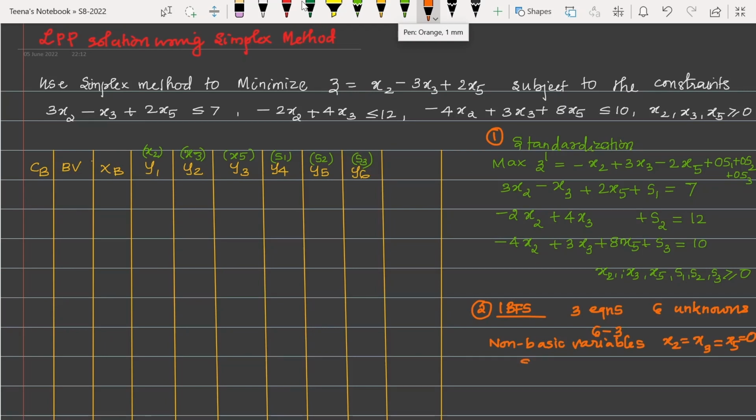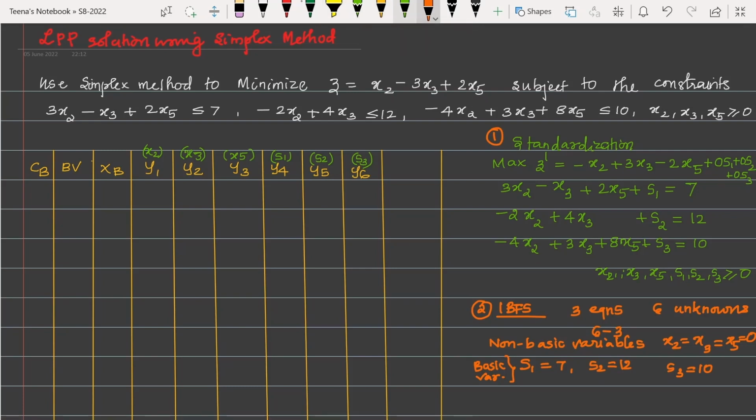So when they are assigned the value 0, we get s1 equal to 7, s2 equal to 12 and s3 equal to 10, and these are called basic variables. So this is the initial basic feasible solution: s1 equal to 7, s2 equal to 12 and s3 equal to 10, and all the other variables have value 0.